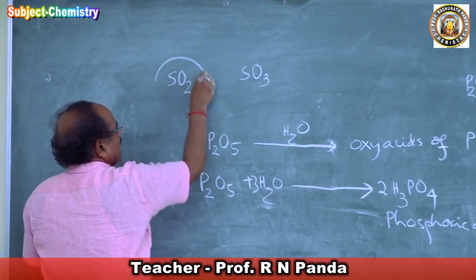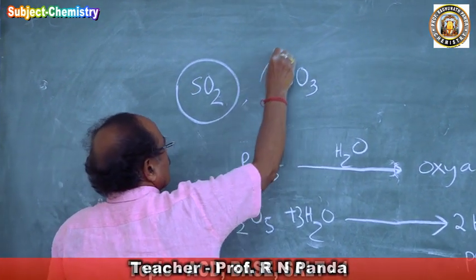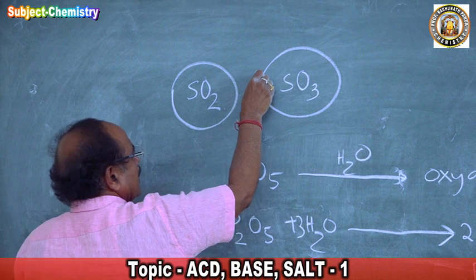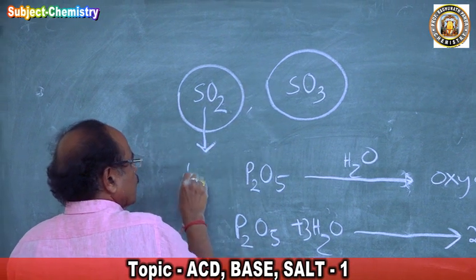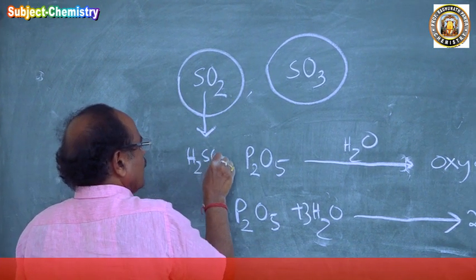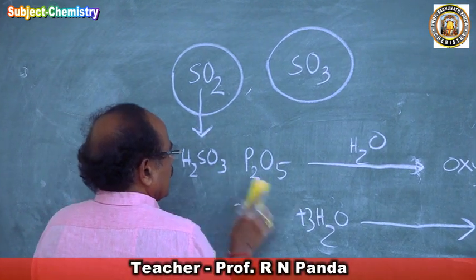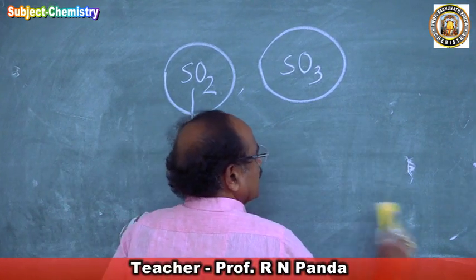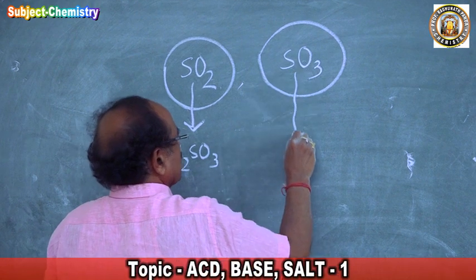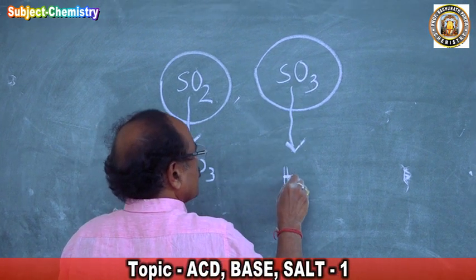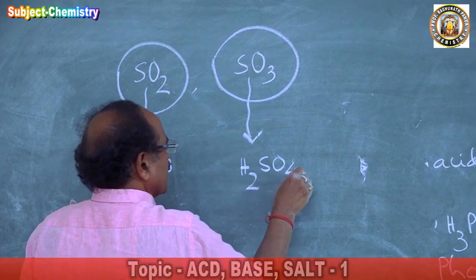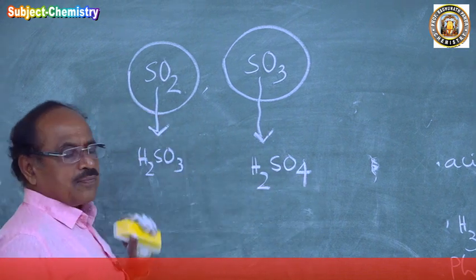This sulfur dioxide is an acidic oxide. Sulfur trioxide is an acidic oxide, and this forms H2SO3, sulfurous acid, and with water this forms H2SO4, sulfuric acid.